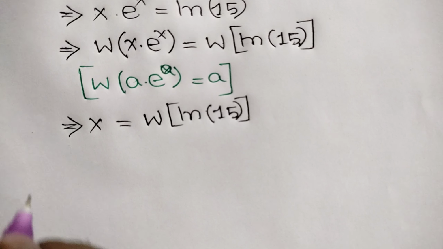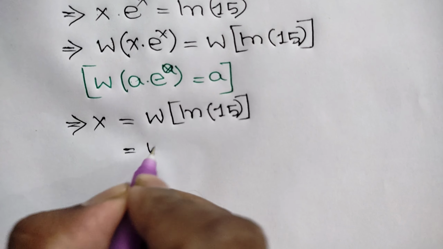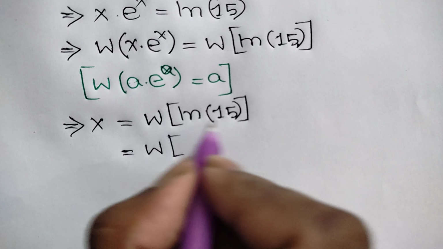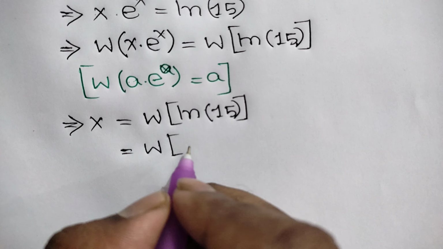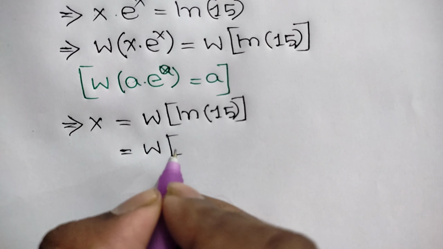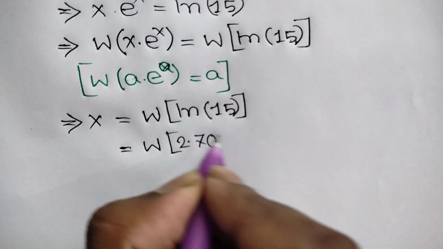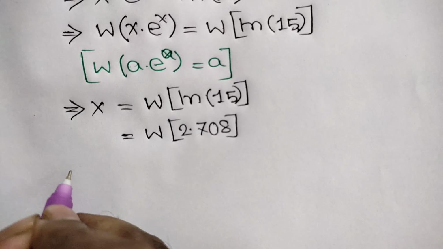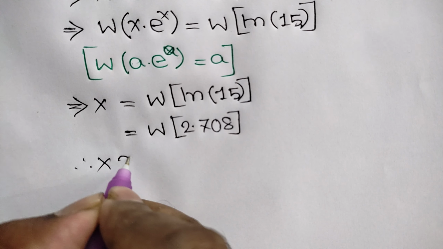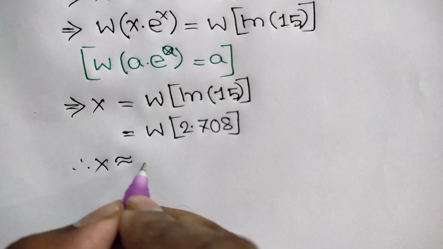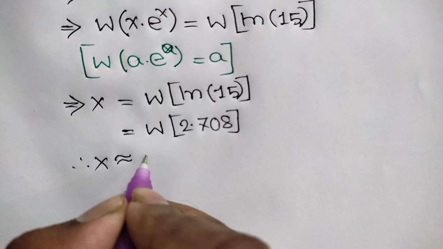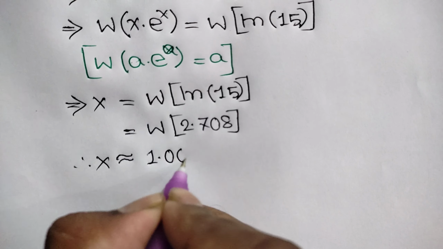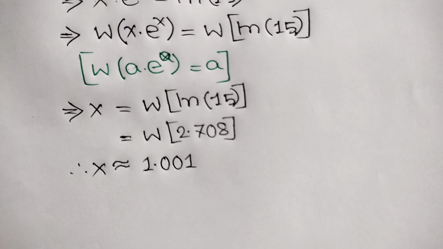Now here we can use a calculator, so we can write W of ln of 15 is 2.708, and W of 2.708, the approximate value of x, is 1.001.